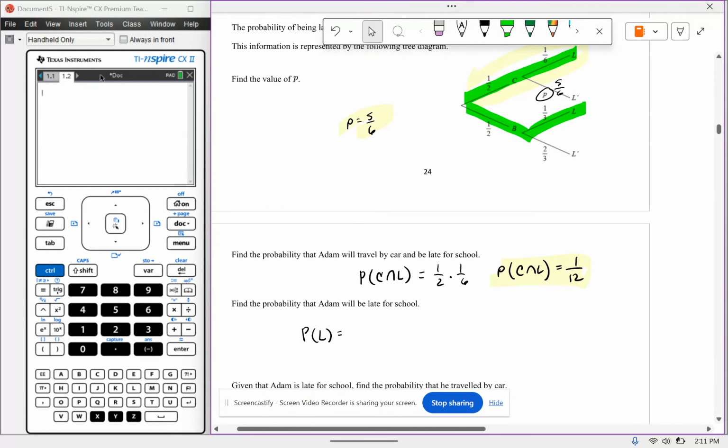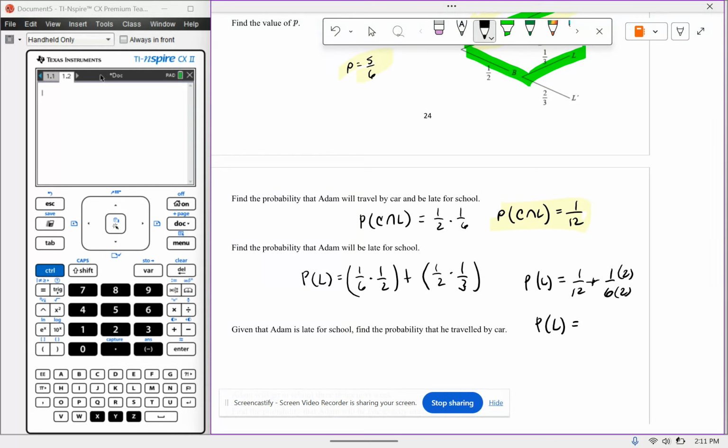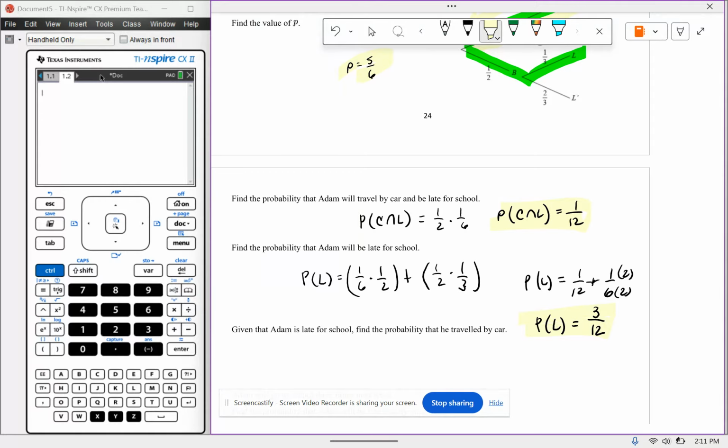So I have 1/6 times 1/2 plus 1/2 times 1/3. All right, so that'll give me 1/12 plus 1/6. Scale this up. Probability of being late is 3/12. Or what would the reduced version of 3/12 be? Yeah.